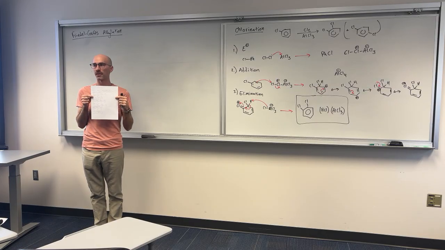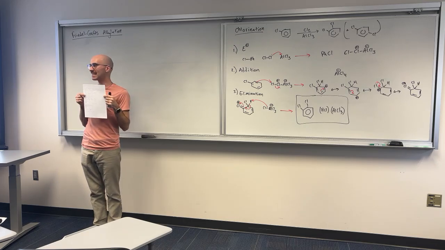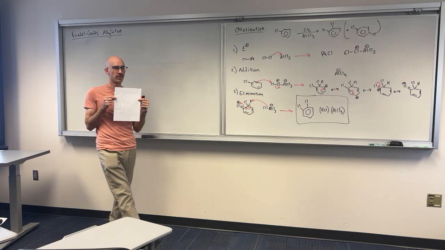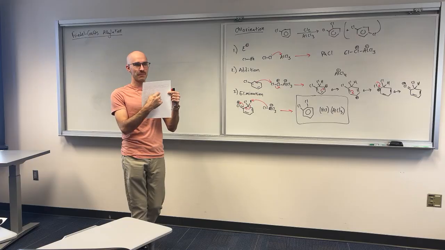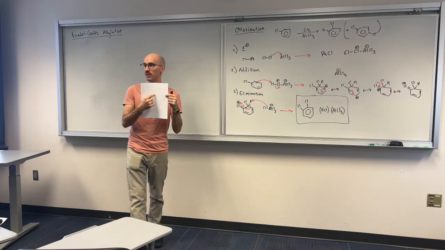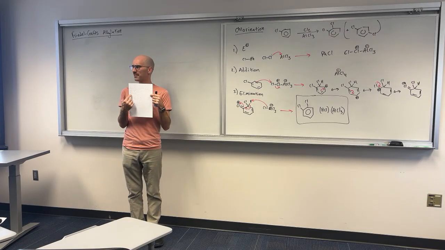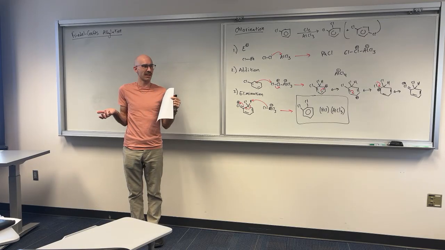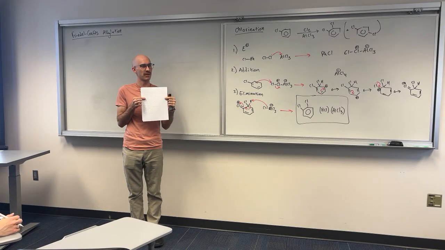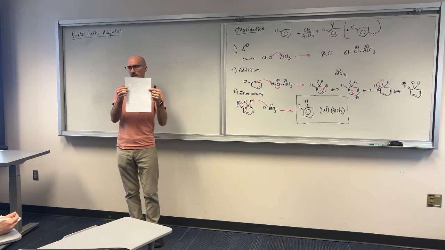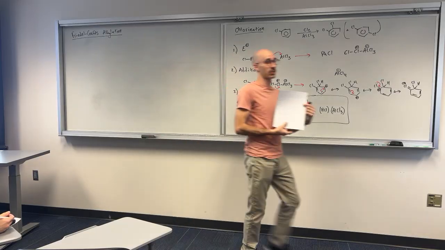Ortho and para are the major products of an EDG substituted benzene. So this example that I gave was just to show you that when that group does substitute meta, it can't stabilize it at all. So it's not preferential. So that's not the reaction that I want to show you.